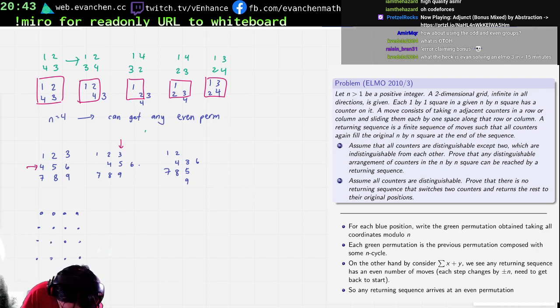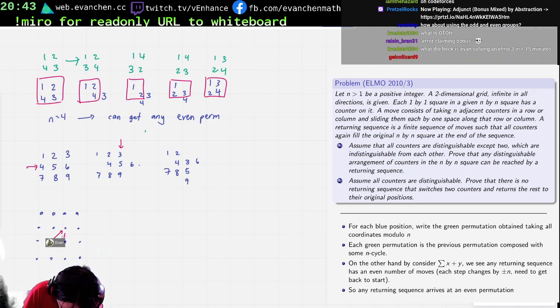Or not any, an isosceles right triangle like this. I claim that, for example, I could do this if I wanted to. And I'm only going to label the counters I actually care about. So let's say this is A, B, C. Then I can push down. So now it's B, A, and then done.